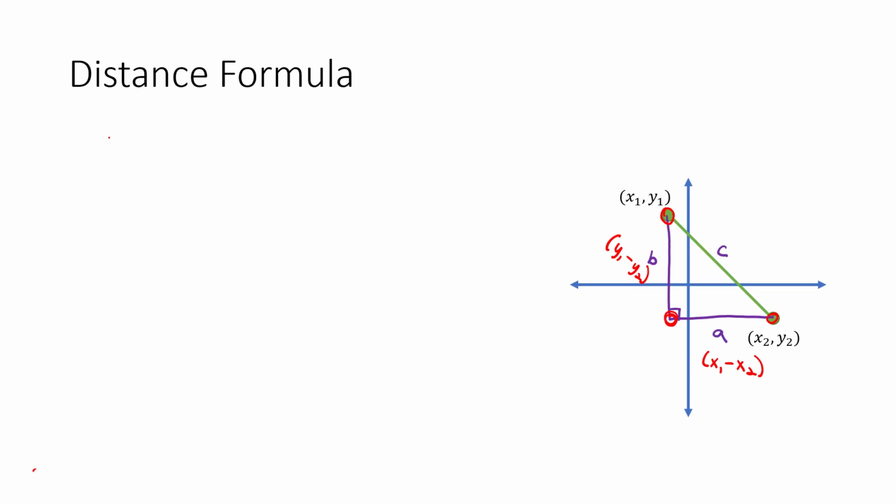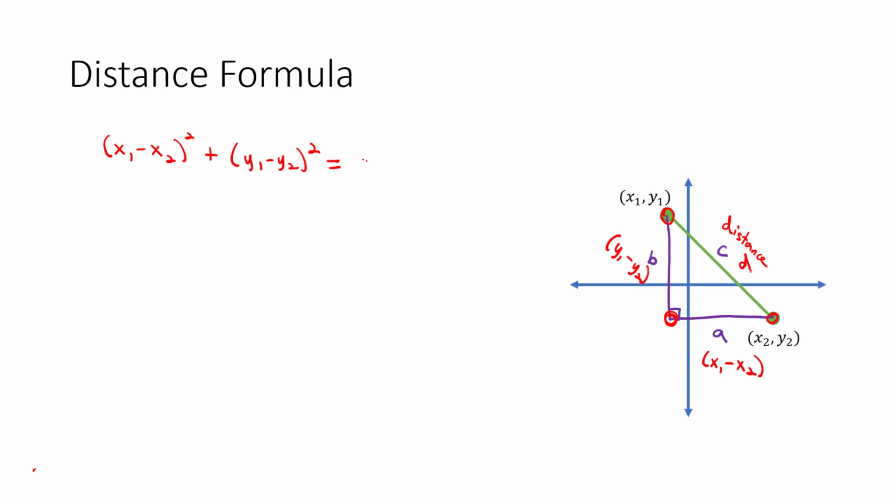So the Pythagorean theorem says a squared, which is x1 minus x2 squared, plus b squared, which is y1 minus y2 squared, equals c squared. And I'm going to actually call c my distance that I want.